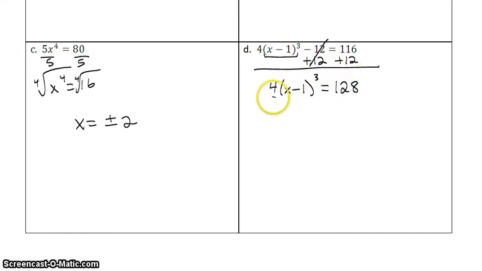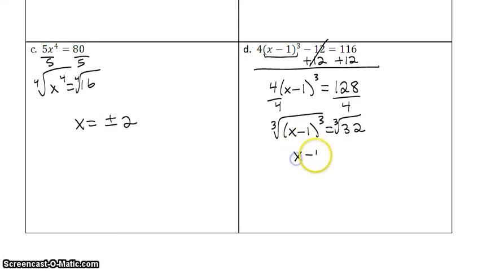Now I'm going to divide by 4 on both sides. 128 divided by 4 is 32. And now I'm at the stage where my variable is by itself. And because it's a cube, I'm going to cube root both sides. I've got x minus 1 equals the cube root of 32. And then I'm going to need to add 1 to both sides.